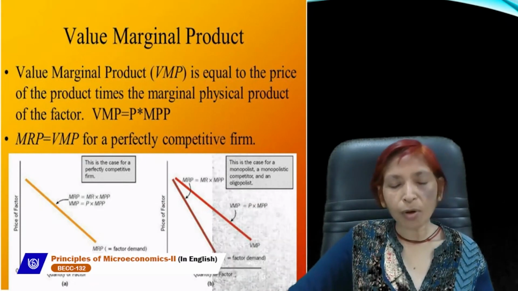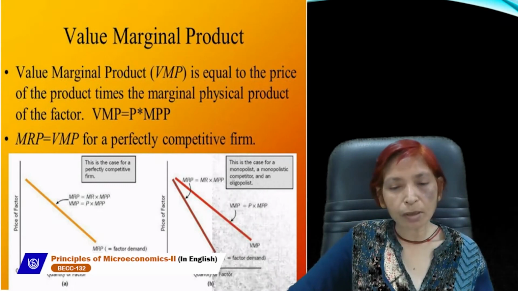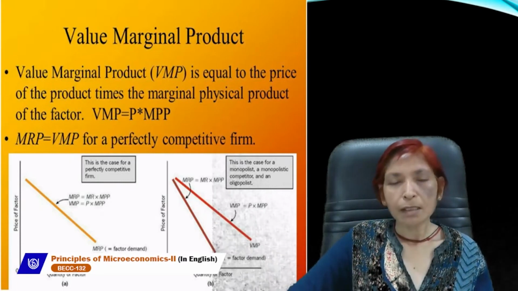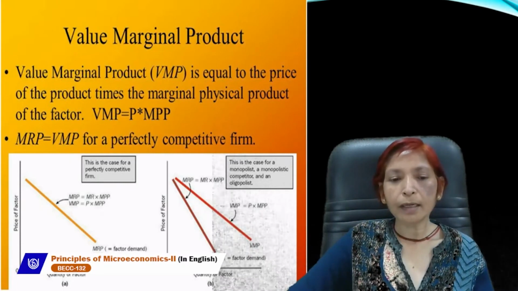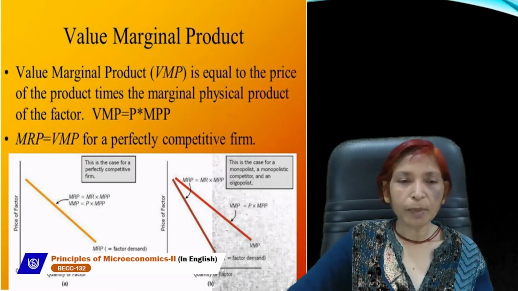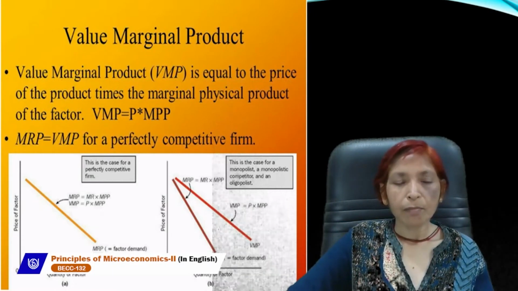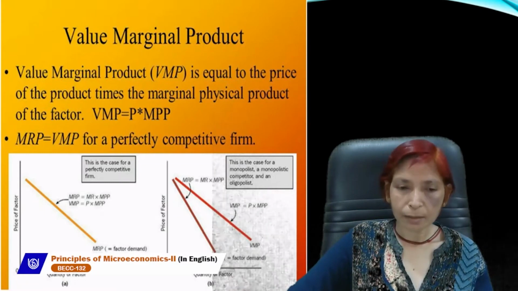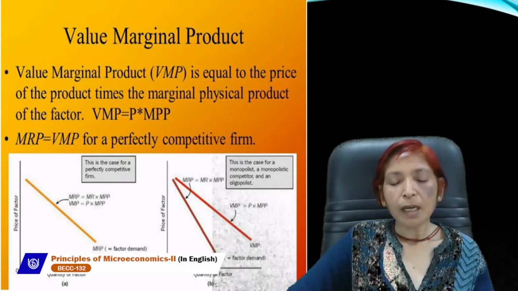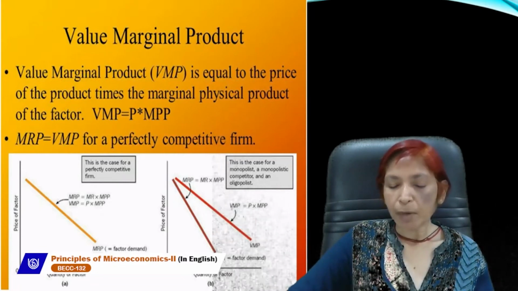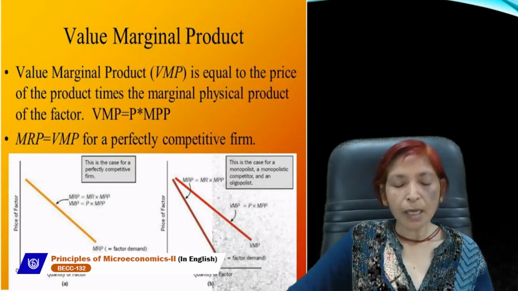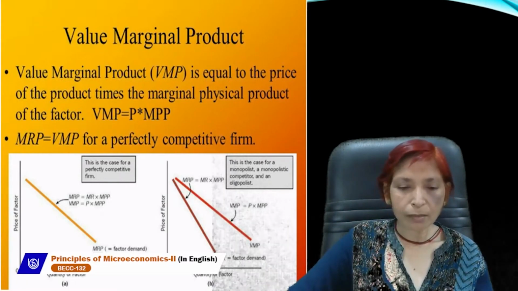But in case of monopoly, monopolistic competition and an oligopolistic market, AR is always greater than MR. So the value of marginal product will be greater than the marginal revenue product. That's why the VMP curve will be above the MRP curve. So VMP is also a downward sloping curve, and MRP is also a downward sloping curve.